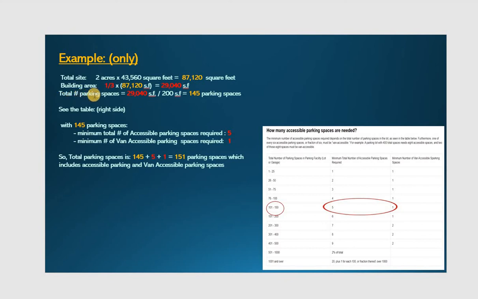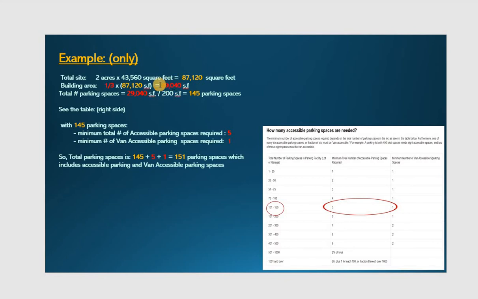So now you use the building area, you divide by 200 square feet. In other cases, you can divide by 250. In this one, I use 200 square feet for each parking space.